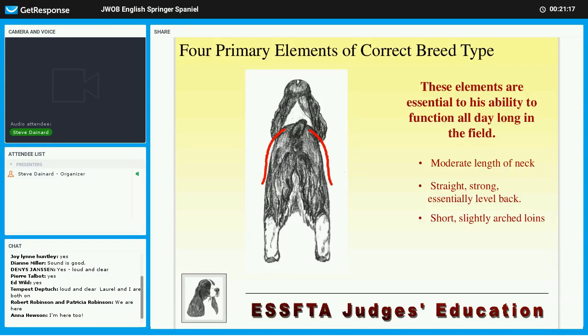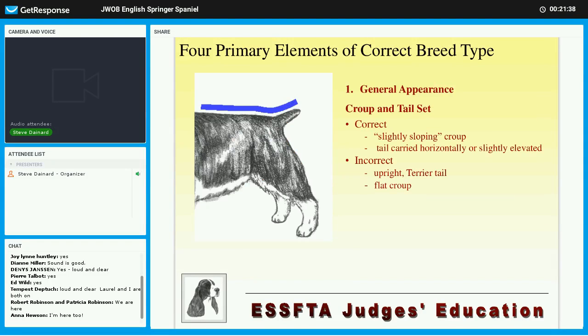We do want the dog to be in good condition, but we're not looking for the degree of hams that you're looking for on an English Cocker. We're falling just short of that, but it still means that we're looking for a well-developed secondary thigh and an upper thigh area with shorter hocks, and we're going to get to the hocks here too. So again, when it comes to presentation, we're supposed to have a rounded croup.